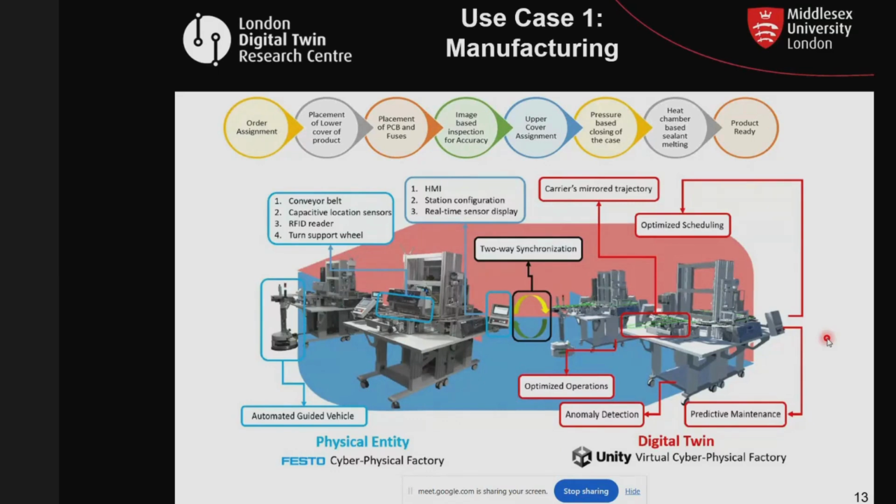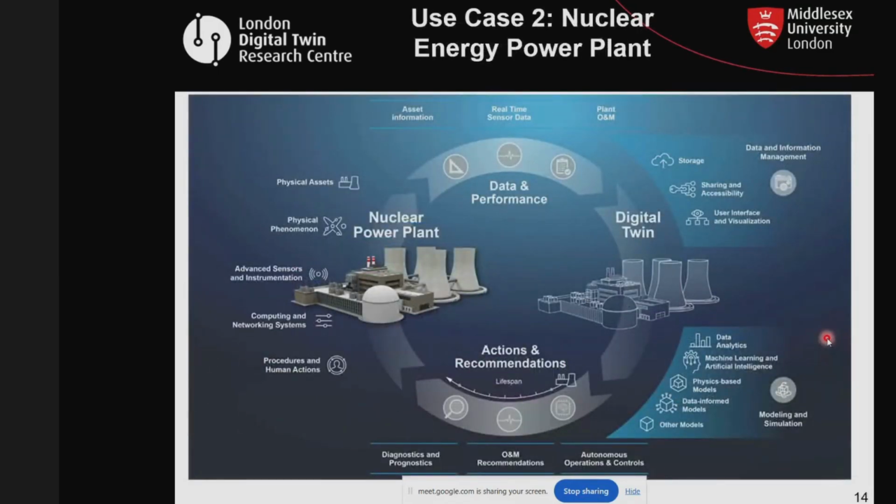Another use case: critical infrastructure. So critical infrastructure, a nuclear energy power plant. Okay, how do we create a digital twin of a nuclear energy power plant? I need to have the exact information here: the size of the chimneys, the domes, the water cooling systems, the cooling towers.